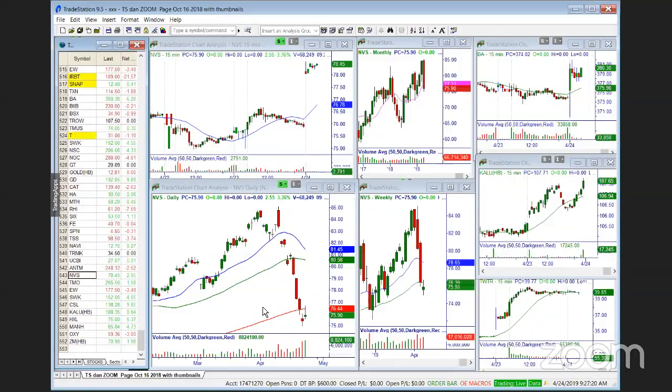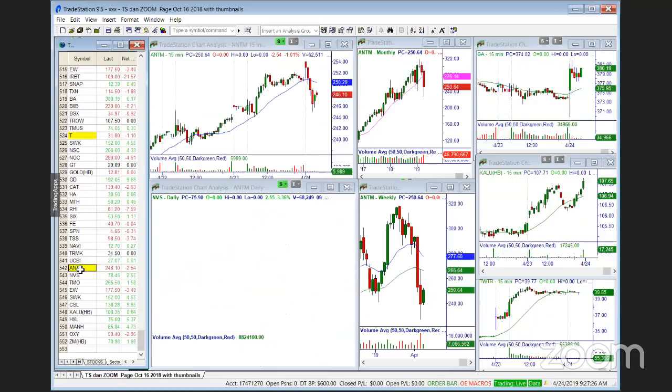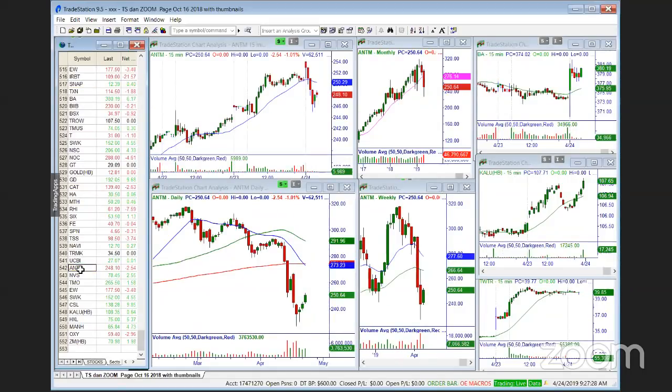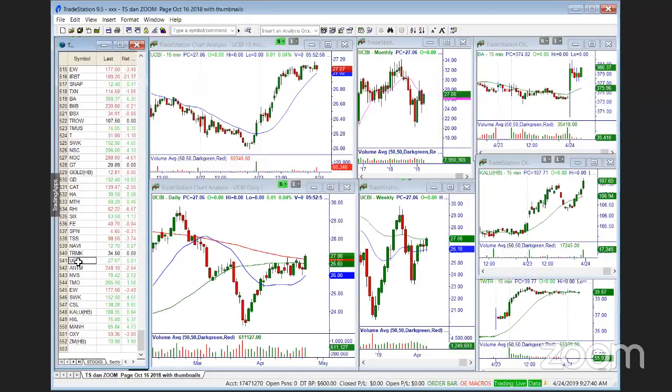NVS 78.50. It's a bullish gap. It's holding well pre-market. Maybe a day trade long and/or put selling candidate. ATM 248, gapping down a little bit, but kind of neutral there, even though it's in a downtrend. Could be a call spread candidate. That's been part of the weak sector.